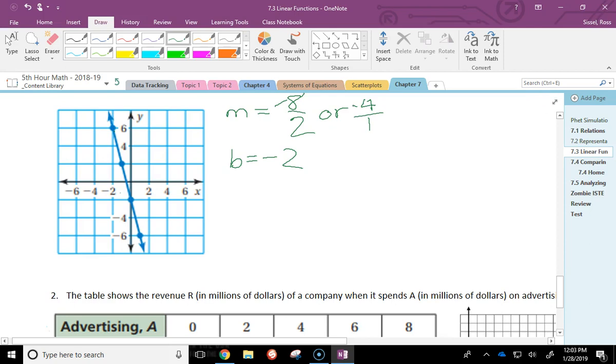Where did I put this up here? Right there. Alright, so Molly, and then bring. How about chat out for me? Nope. Y equals -4x minus 2.